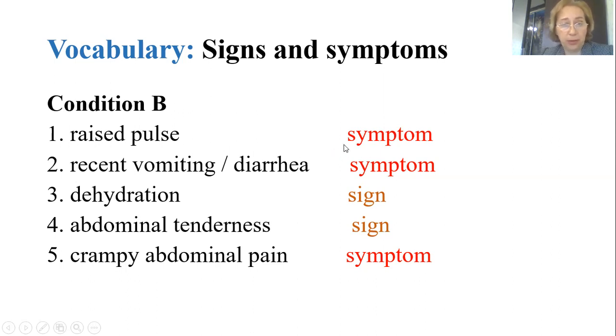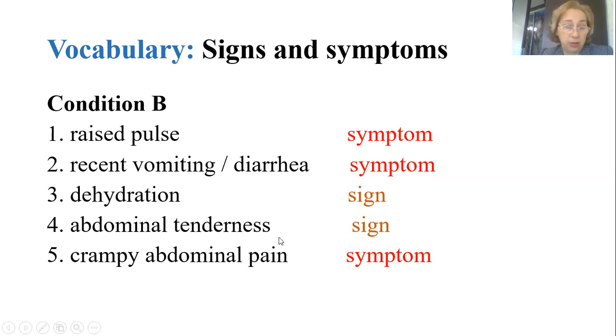Sometimes they don't realize it, so they don't tell the doctor about this. And the doctor feels it, and it is the sign for a doctor. Dehydration is also there. Sometimes people do not understand that they lack water, but only the doctor can see this, and this is the sign for a doctor.